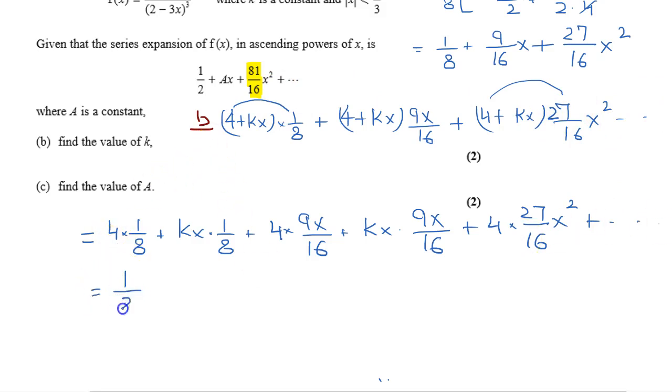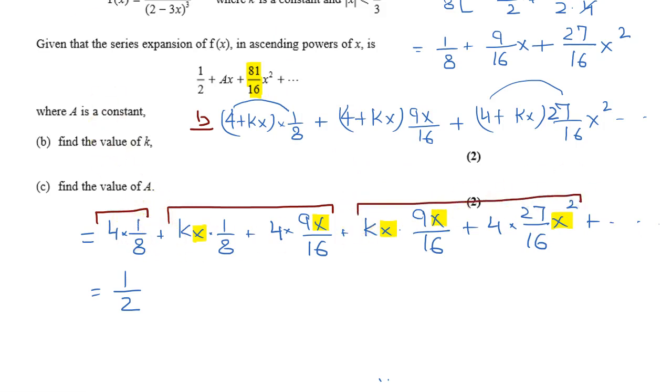This is 1 over 2, so this is a constant. This we can see having x and x. Now this one we are having x and x, that is x square and x square. So this one is a term with x square as a coefficient.